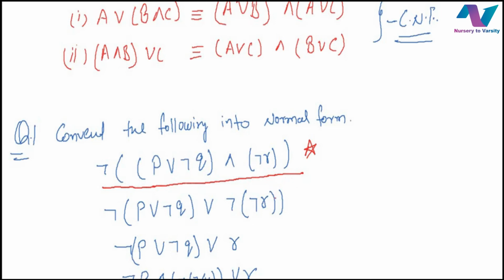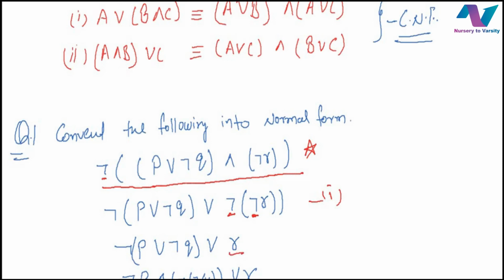First, we move this negation sign into the expression. In the first step, we move this negation sign into the bracket, and we get 2 negated statements, and the negations cancel out, and we get R over here.